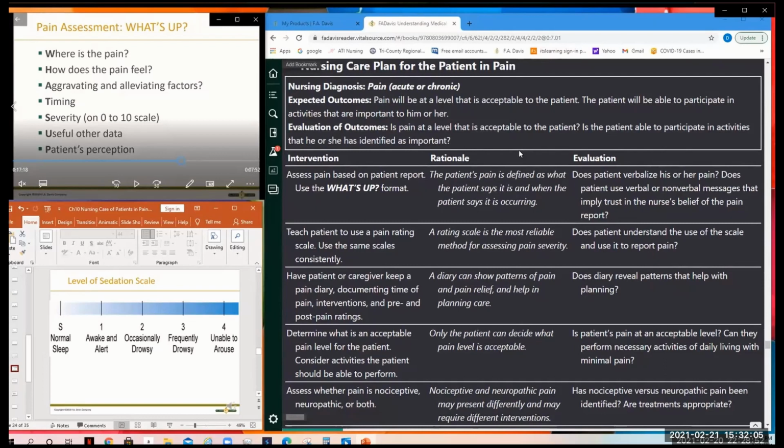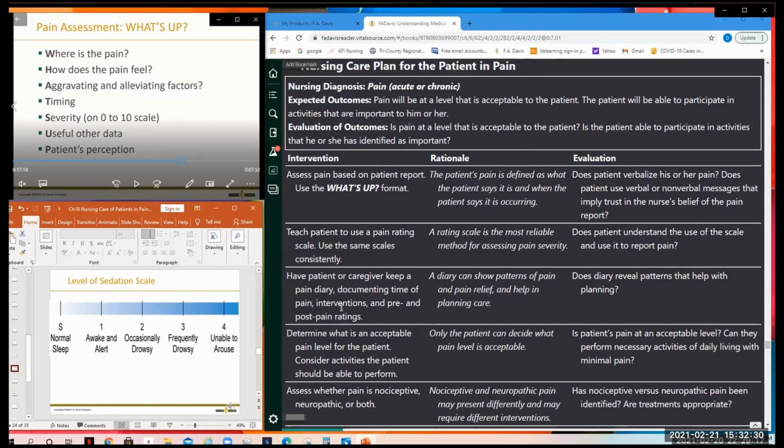Teach the patient to use a pain rating scale. Use the same scales consistently. A rating scale is the most reliable method for assessing pain severity. Does the patient understand how to use the scale and use it to report pain?